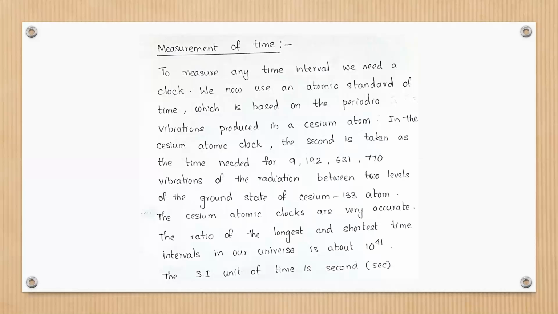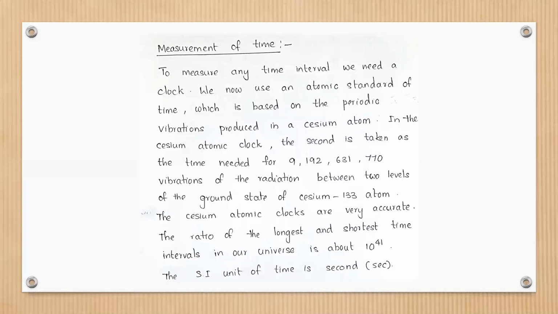Once again, I repeat, what is 1 second? Each person can say 1 second is a different duration. One person can say like that, one country can say like that, but we have to follow some international standards. What is this international standard?